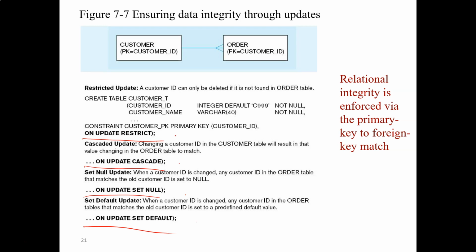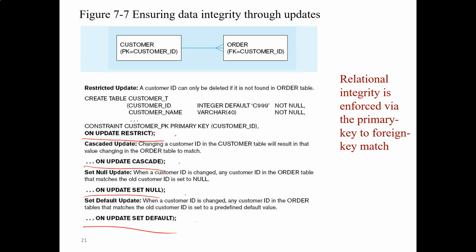When you add the phrase ON UPDATE RESTRICT at the end of the primary key constraint statement for the customer table, you are asking the database management system to restrict any update or deletion of the primary key value if a corresponding foreign key value exists in the related table.